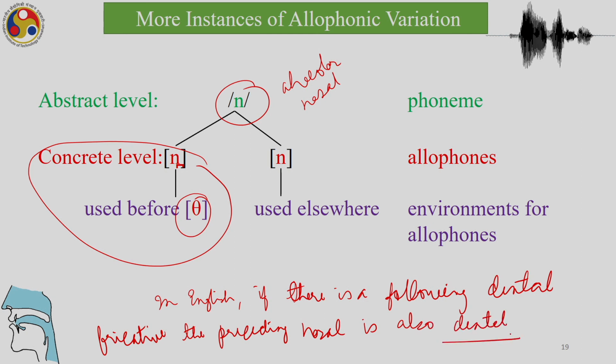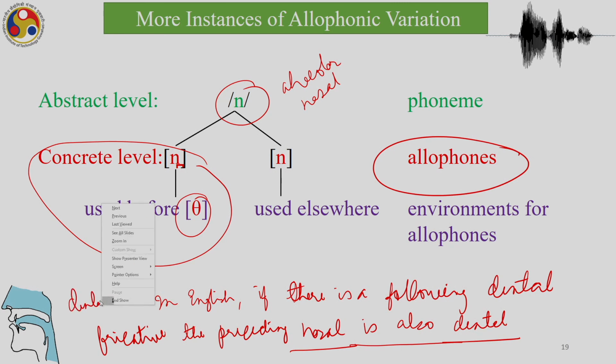Now, the preceding nasal being dental does not mean that the preceding nasal is a dental nasal phoneme. As we know, that has to be an allophone, and now there is a context for the occurrence of the dental nasal. What is the context? This is the context. So, the context is that in English, if there is a following dental fricative, the preceding nasal is also dental.